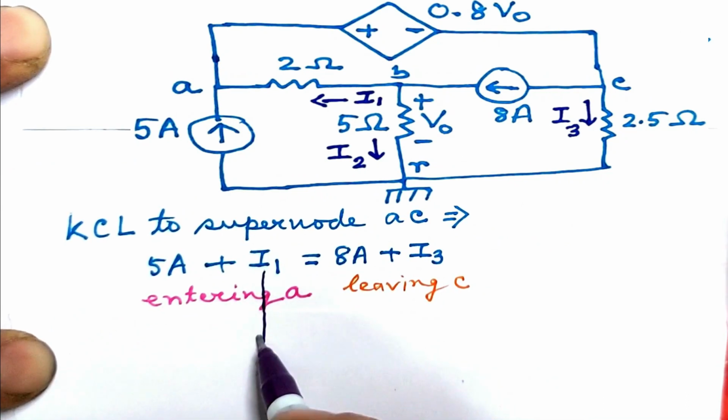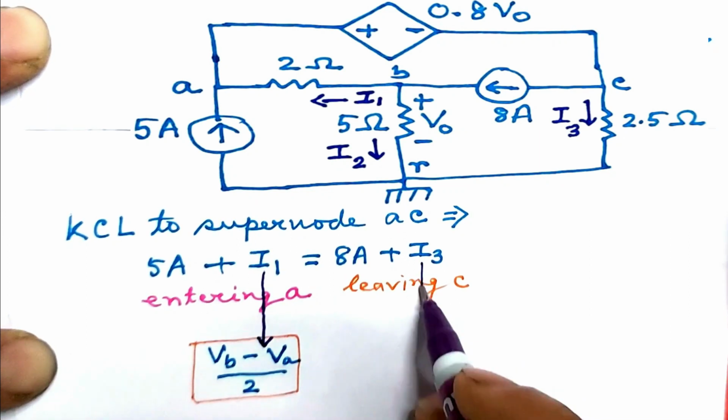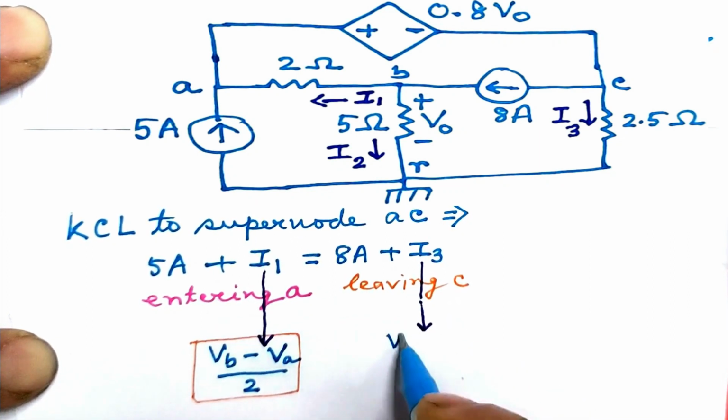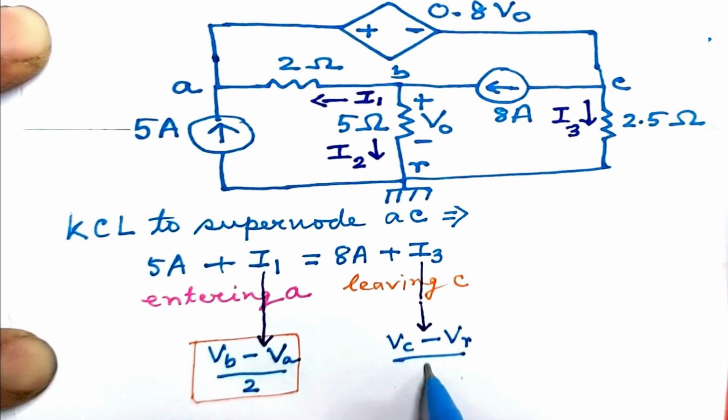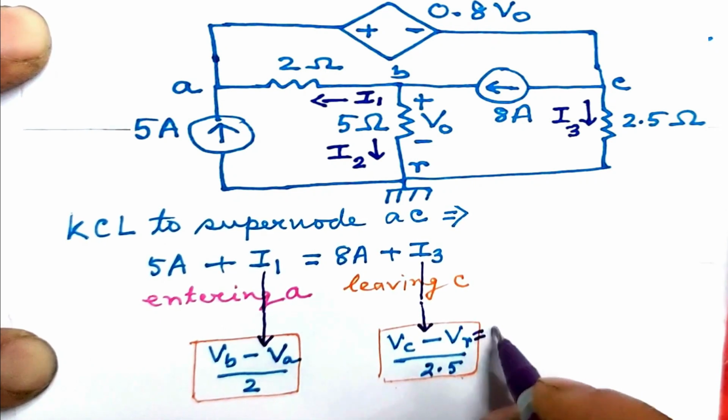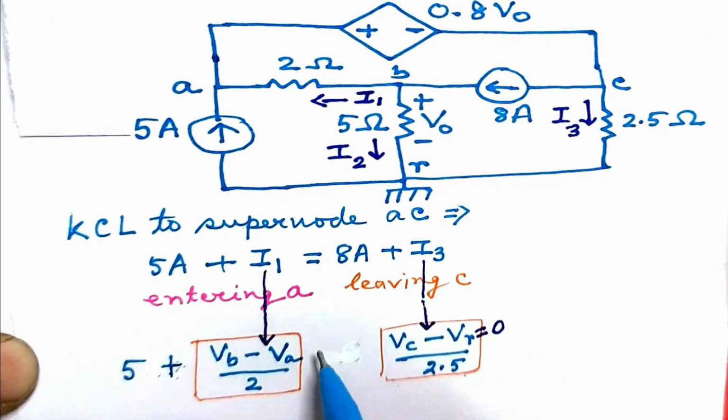Now what is I1? It is VB minus VA by 2. And what is I3? It is VC minus VR by 2.5 with VR equal to 0, it being the reference node. Complete the equation for KCL.